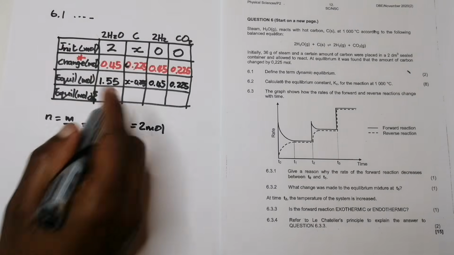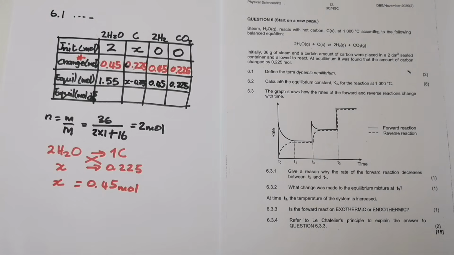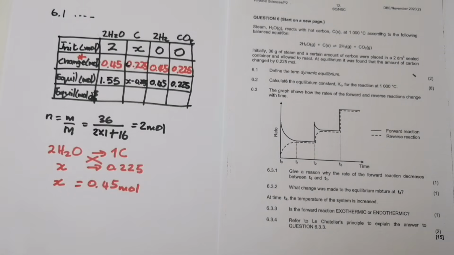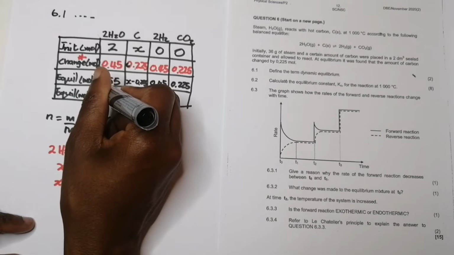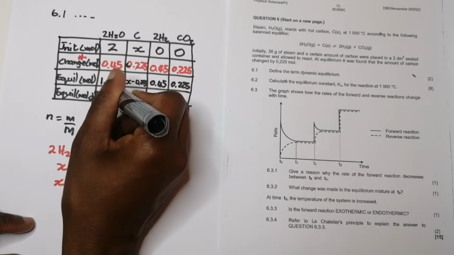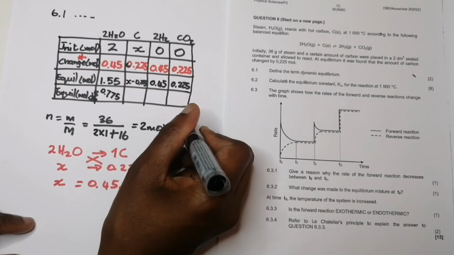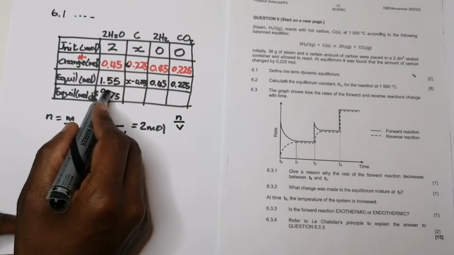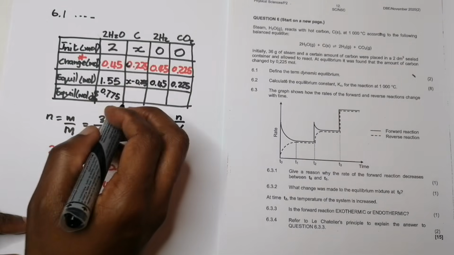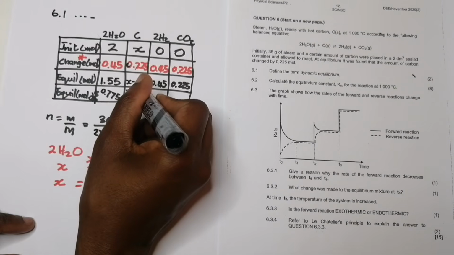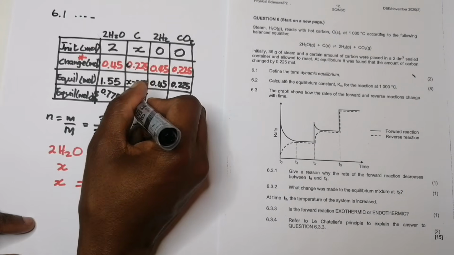And of course, all that's left for us is to calculate the concentration. Okay, they said our volume was 2 cubic decimeters. So we'll just simply say 1.55 divided by 2. And we get 0.775. Remember, this is concentration. This is number of moles divided by volume, right? So number of moles divided by that volume of 2. So that would be x minus 0.225 divided by 2.